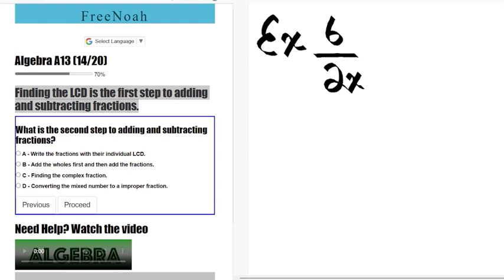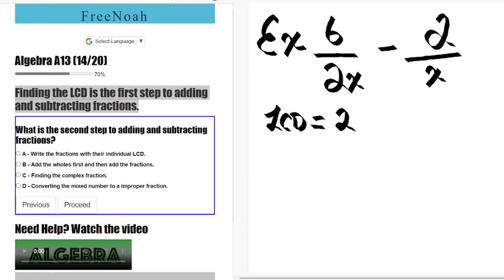Let's give you another example, this time with variables. 6 over 2x minus 2 over x. What is the LCD? So what we're going to do here is have an LCD of 2x. All right? You can clearly see it here.